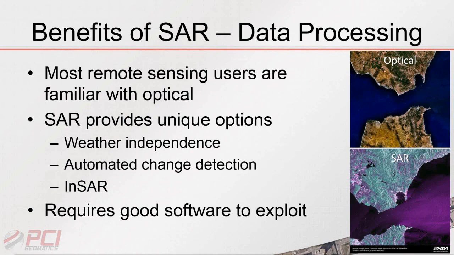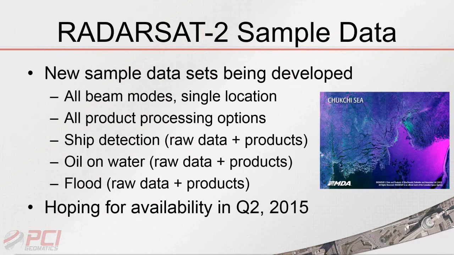Of course, to do that, we really need good software, and so that's where we're really happy to partner with PCI and their Geomatica product to give you access to one of the best processing software available on the market today. And so just one thing I'm going to touch on very briefly before moving over to Kevin to continue with the Geomatica portion of this.